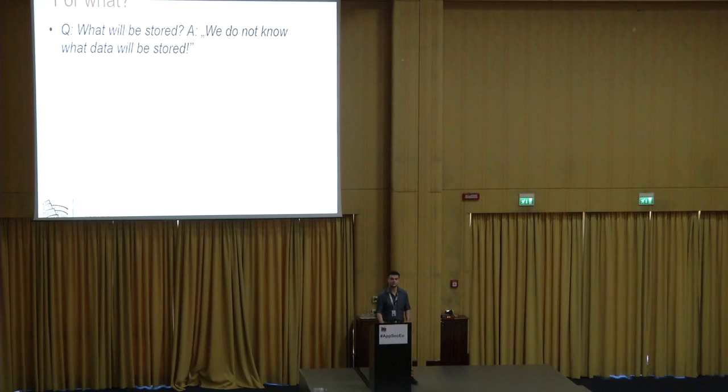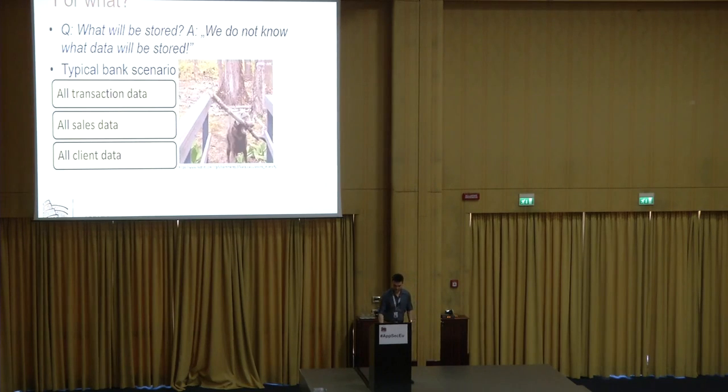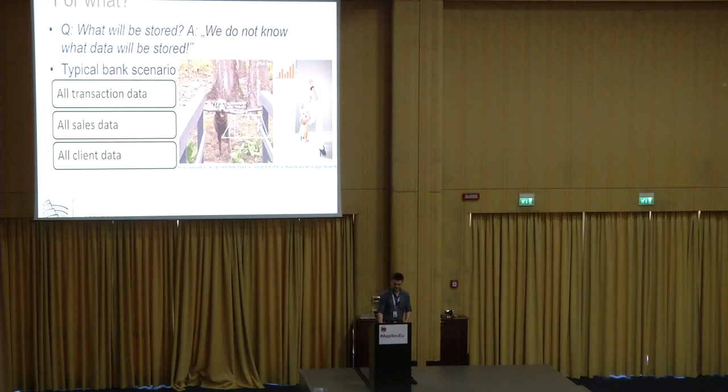Okay, for what? What can be found in the big data solution? In one of the banks, we asked what data will be stored in your big data solution. And they answered, we don't know. Because a typical bank scenario is to put all transaction data, all sales data, all client data, and combine it together. Then comes the big data analytics.